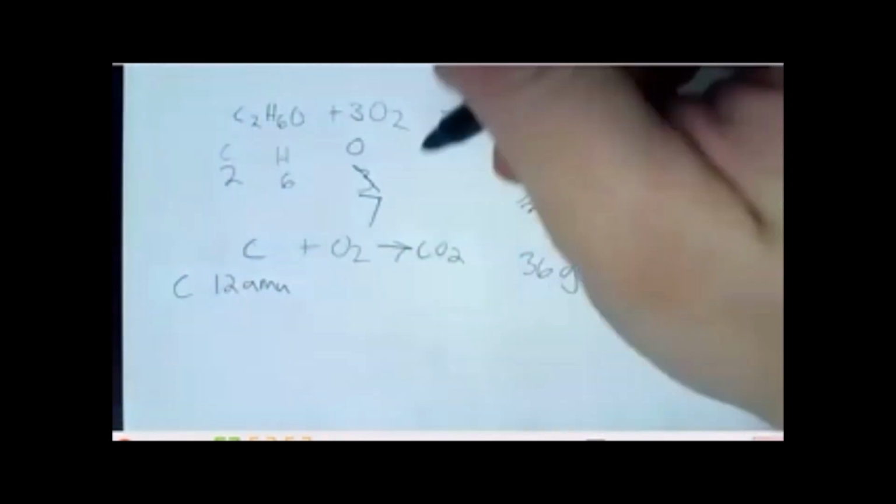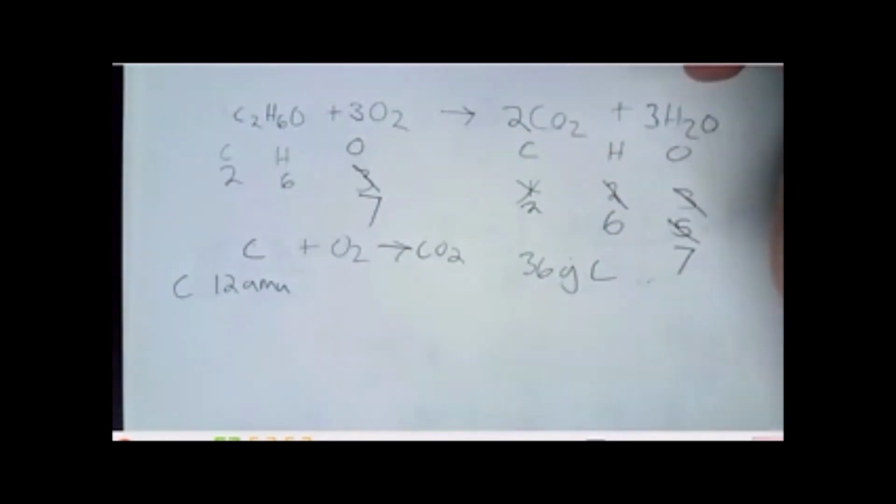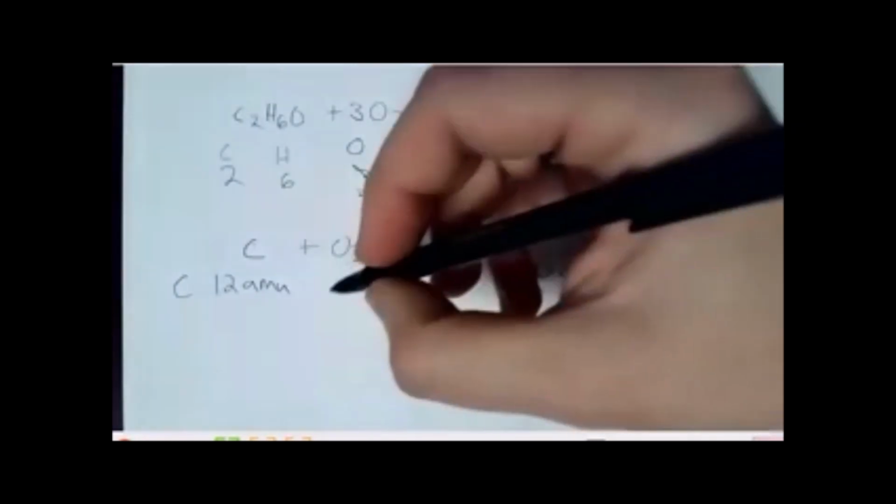Technically, it's like 12.01, but we're going to use the simplest number right now. Oxygen by itself is 16, but because it's a diatomic, oxygen weighs 32 AMU. So the ratio is that for every 12 AMU of carbon, we need 32 AMU of oxygen.